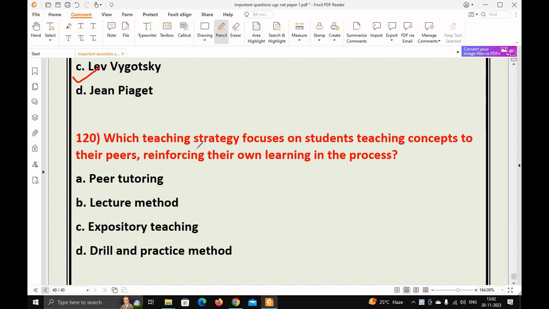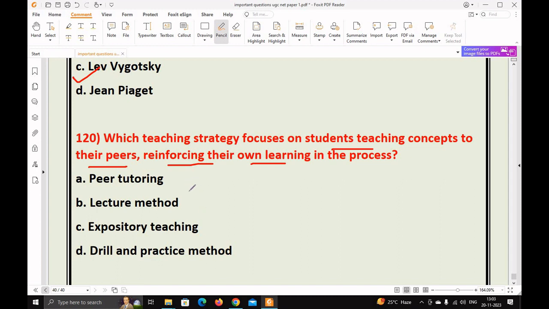Next, which teaching strategy focuses on students teaching concepts to their peers, reinforcing their own learning in the process?